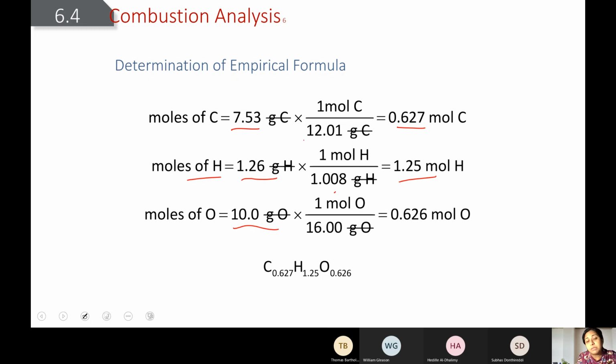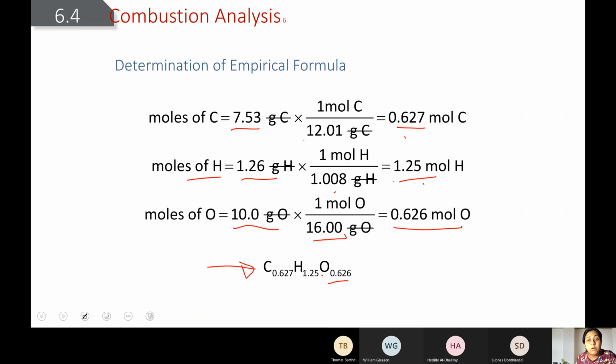So we divide it by 16.00 and we get the answer 0.626 moles of oxygen. So if I write it in this formula, carbon subscript 0.627, hydrogen 1.25, oxygen 0.626.